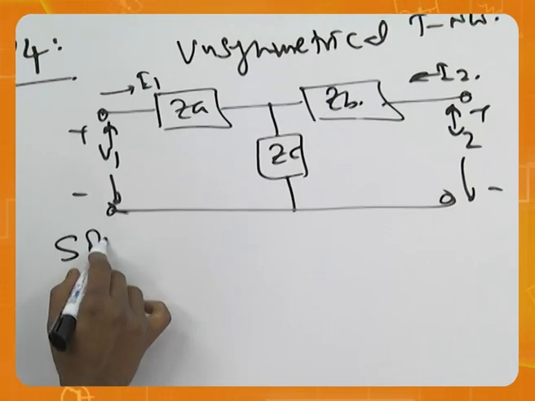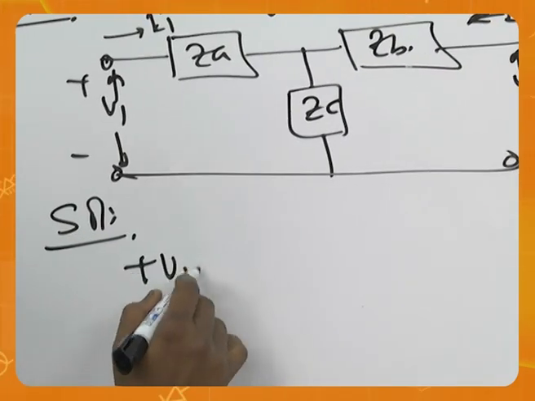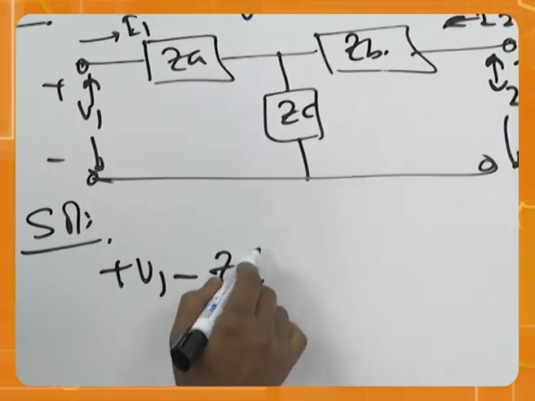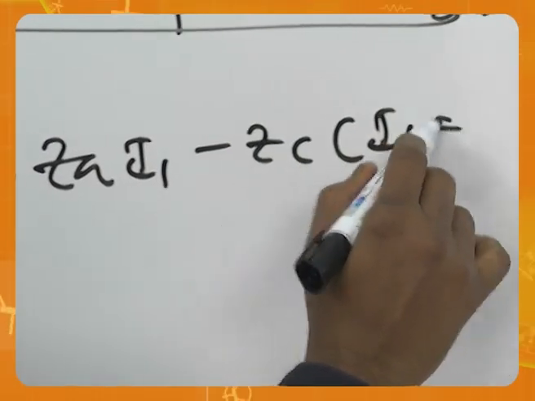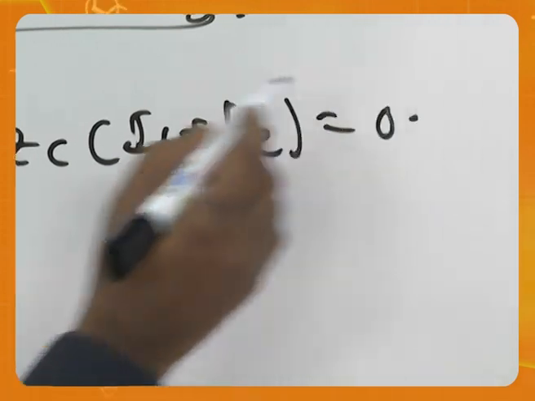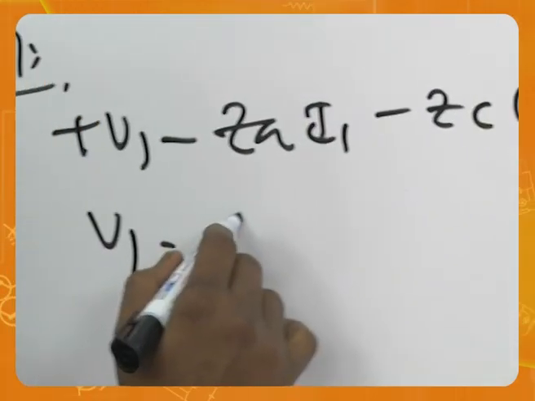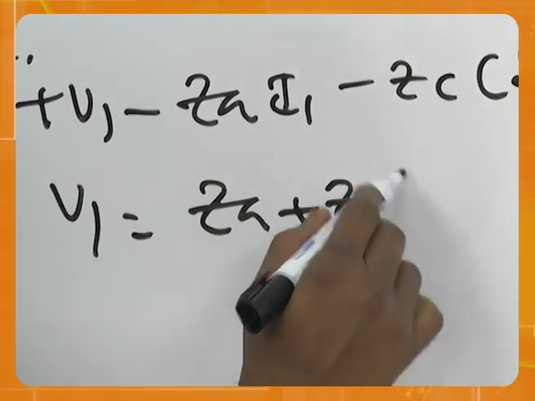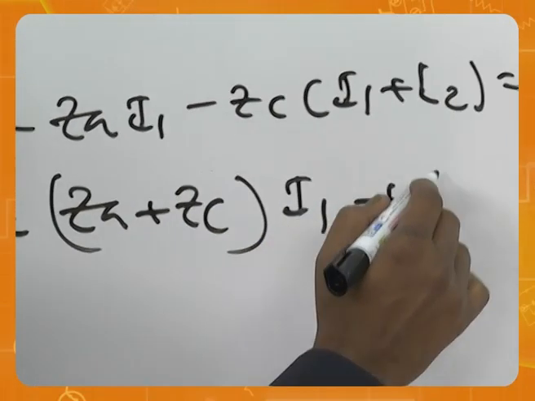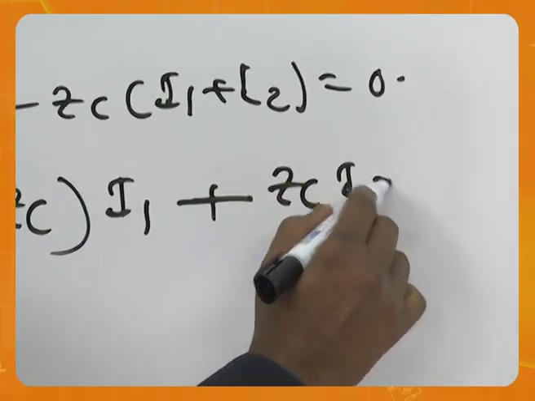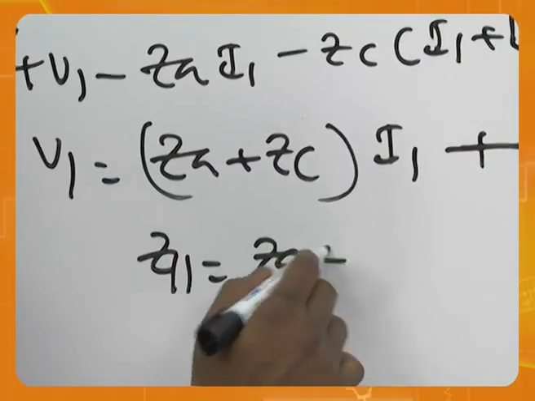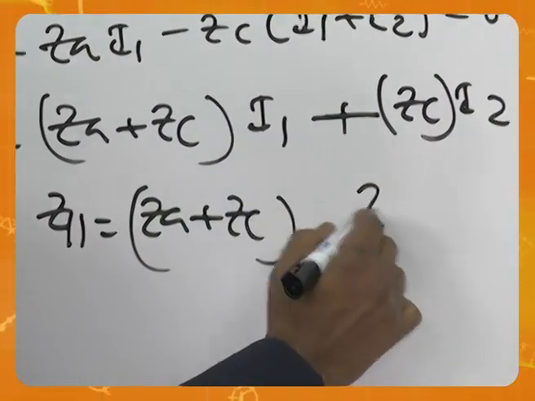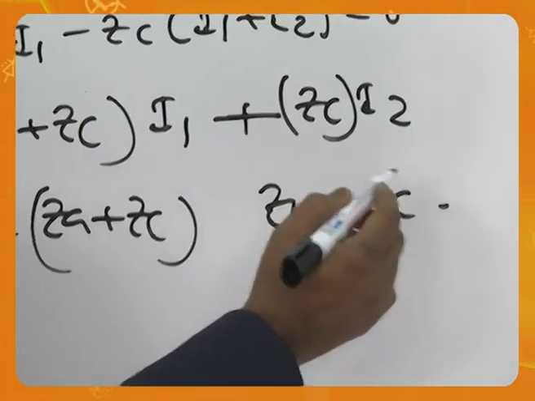Now let us go to the solution. Plus V1 minus ZA I1 minus ZC (I1 plus I2) equals 0. So (ZA plus ZC) into I1 plus ZC into I2. Therefore, Z11 is ZA plus ZC, Z12 is ZC.